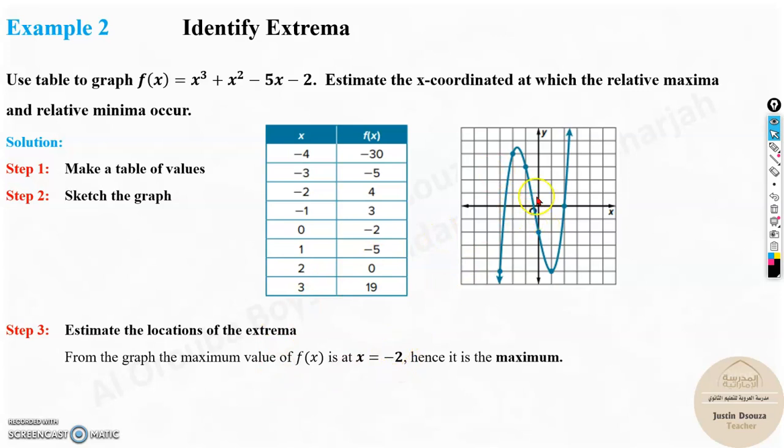It is not accurate, but around x minus 2. If you want accurate, you can even start plotting 0.5 values and you can see 0.5 would be more accurate, minus 2.5. Sorry, minus 1.5, I'm wrong. It's minus 1.5 would be the maximum. Now, what about the minimum point? Minimum point is accurately over here at 1, so that is the minimum point.